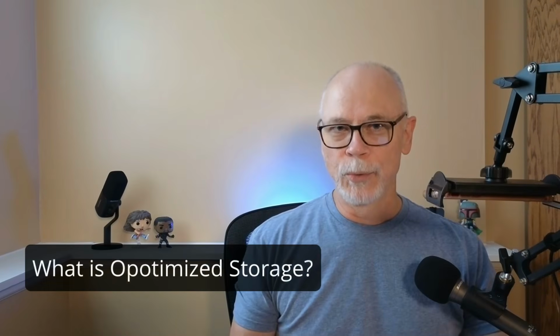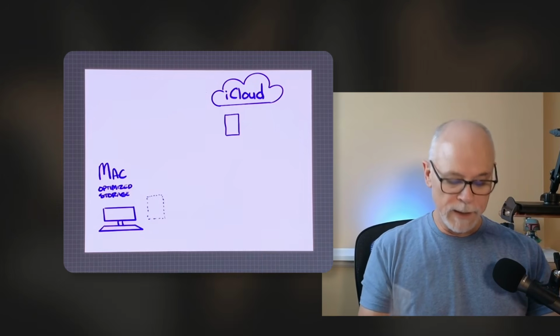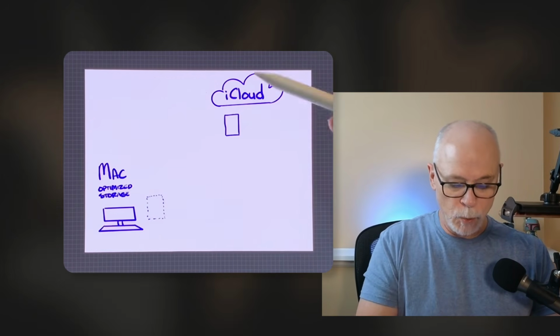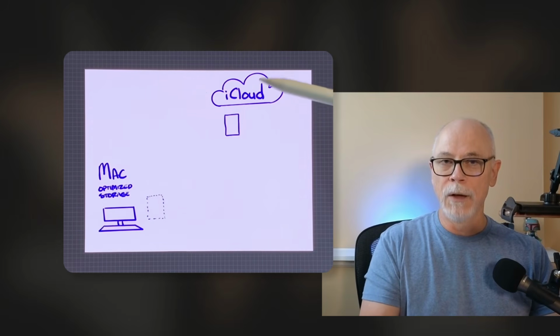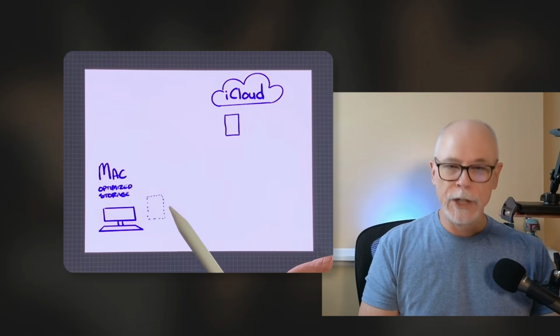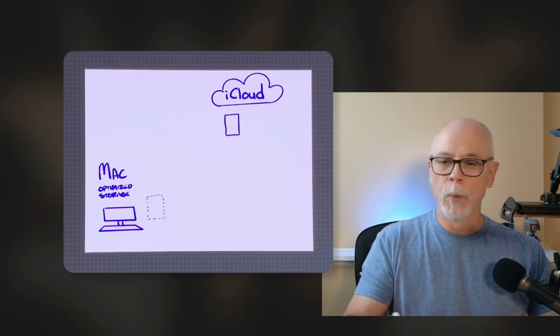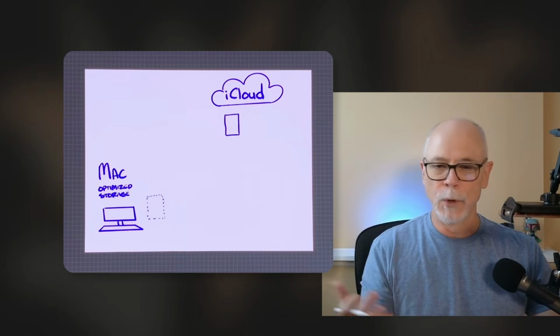Let's quickly go through the relationship of optimized storage between iCloud and the Mac. In iCloud, you have the full resolution version of your photo. And on your computer, you either have a placeholder or one that is optimized for your computer, your iPad, your phone.